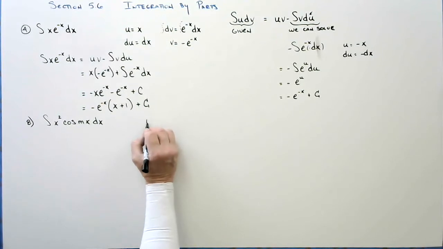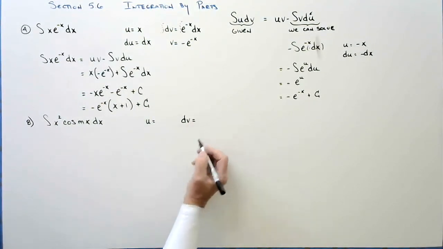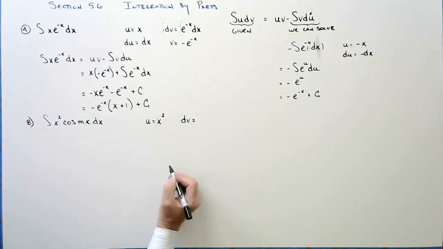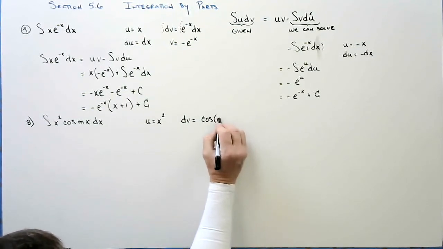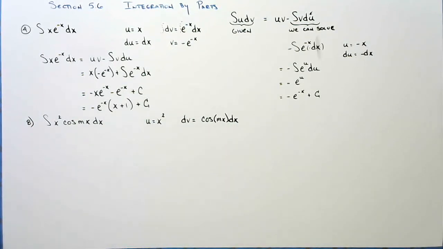So our goal is to determine u and to determine dv. Again, we have a power of x, so we're going to let that be u. dv is going to be cosine of mx dx. Now we're going to have to integrate that.